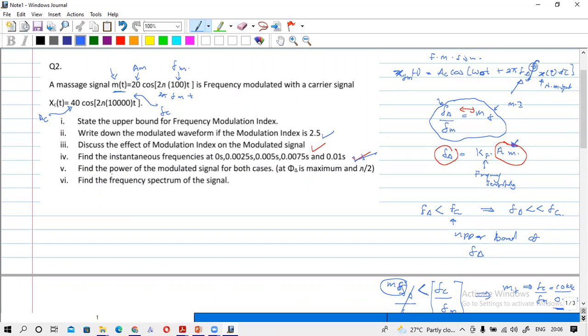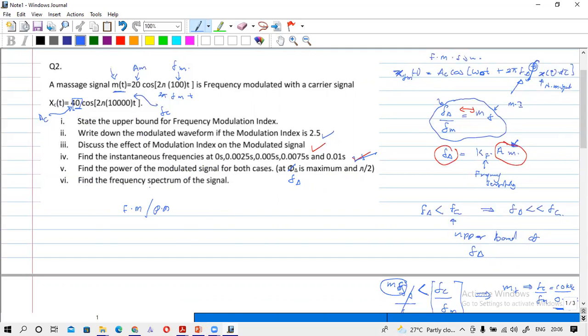Again, we are asked to find the power of the modulated signal for both cases. Actually, this is not 5 delta, it should be F delta, and F delta is maximum. You know that for a frequency modulated signal and a phase modulated signal, the amplitude is not changing. So the signal amplitude is equal to the carrier signal amplitude.